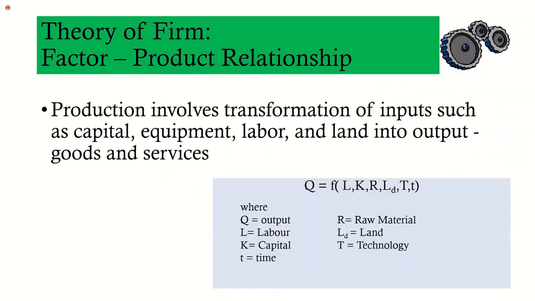Right, so now we are going to move into theory of the firm. Under theory of the firm, we will look at 3 types of relationships. Have a read through the slide.